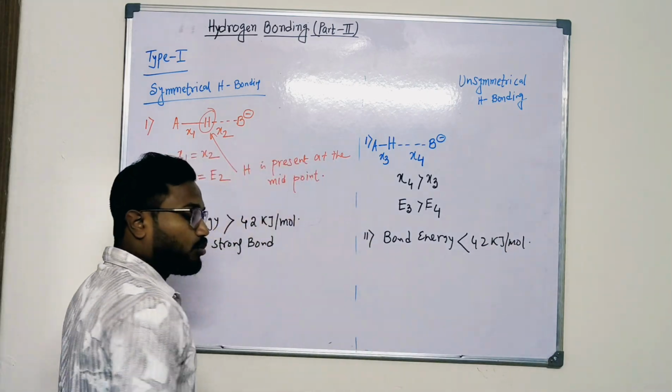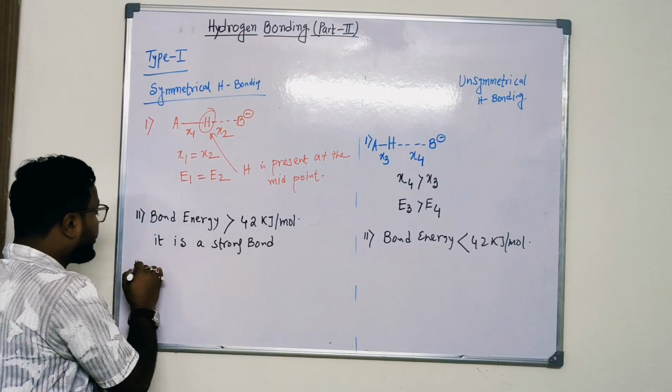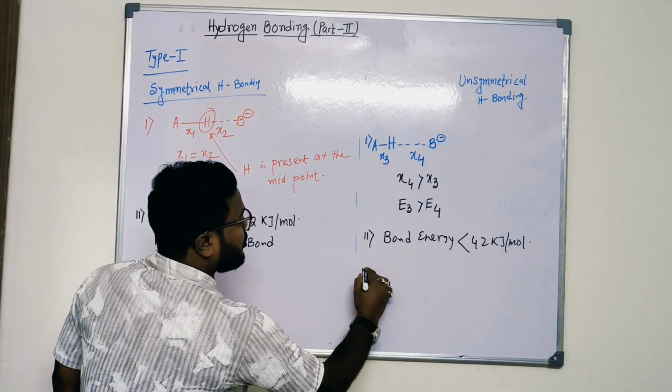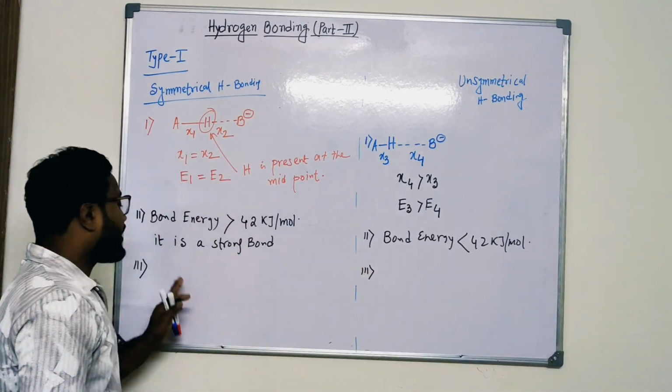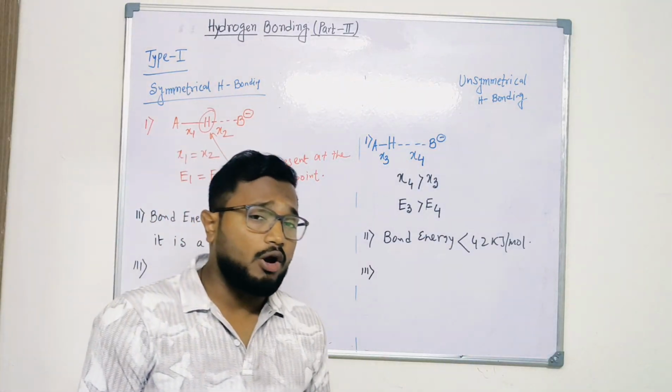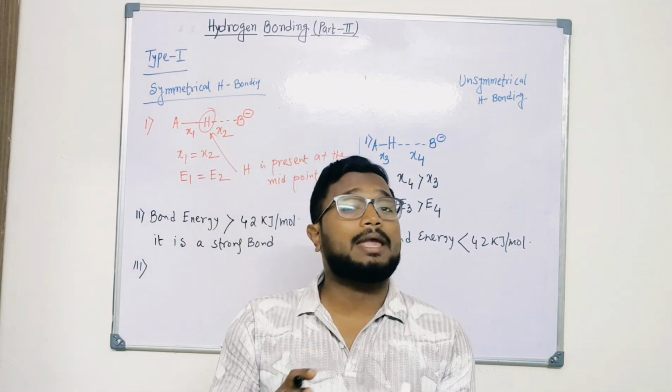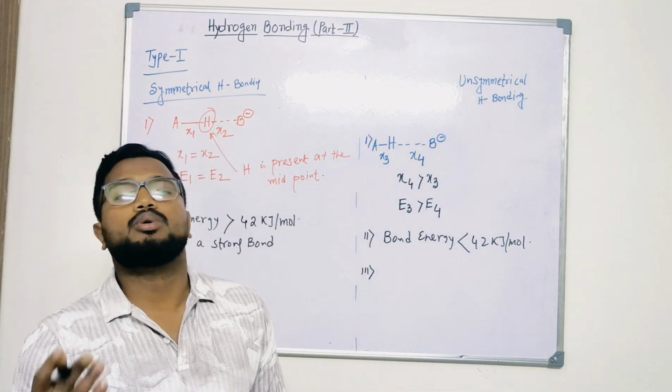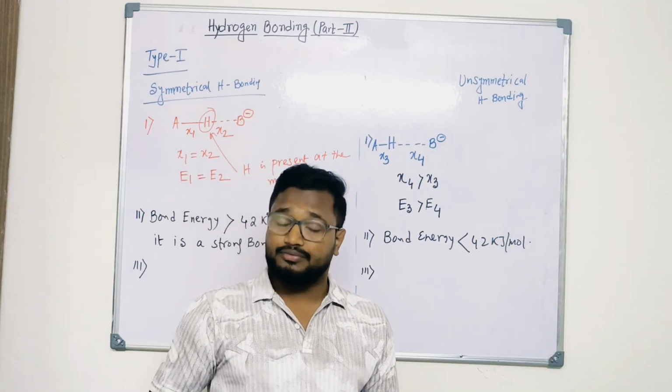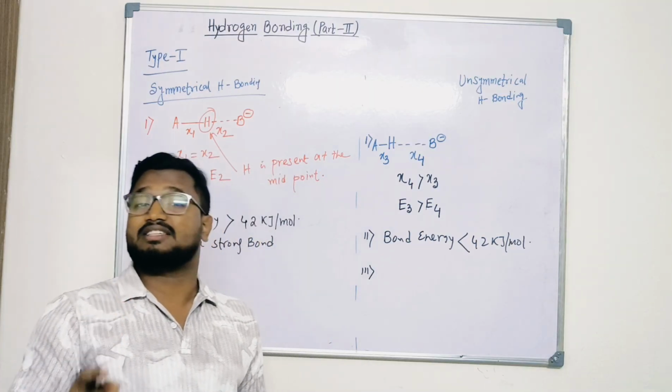Third, and one of the most important points, is which type of hydrogen bonding is observed in the molecule. Here, the type observed is ion dipole interaction force. We know that there are several types of van der Waals force, to be more specific, six types.